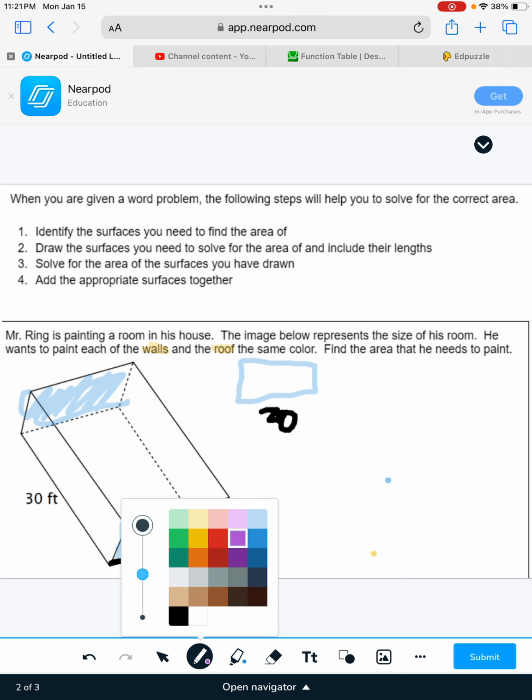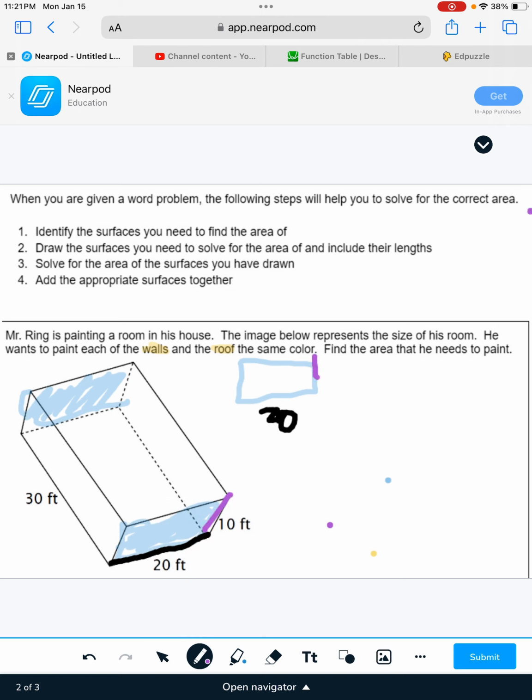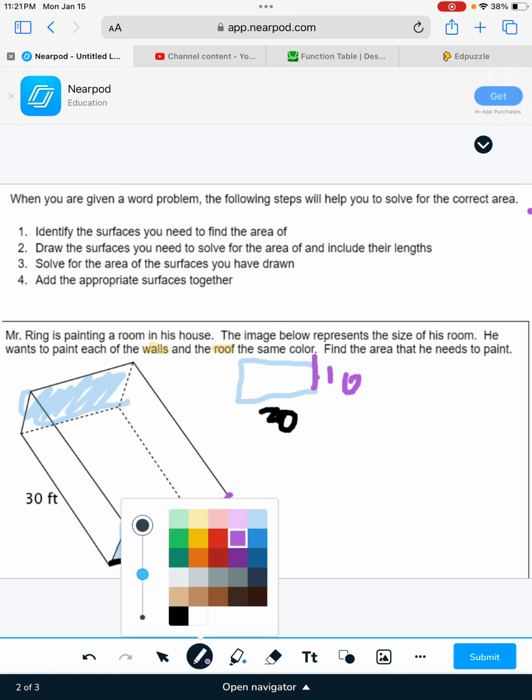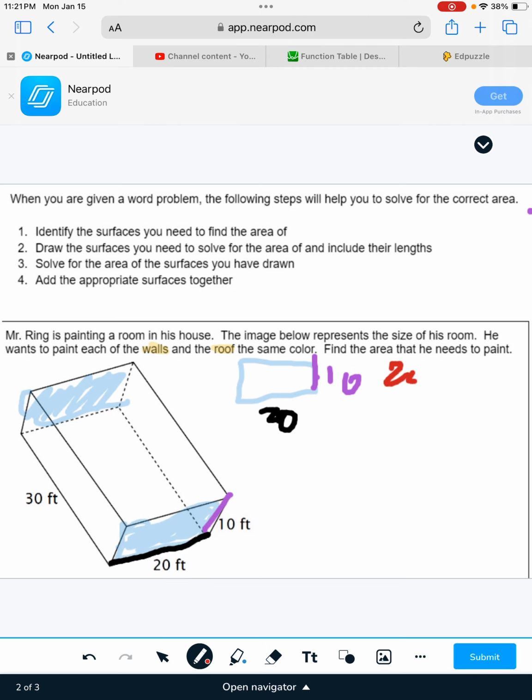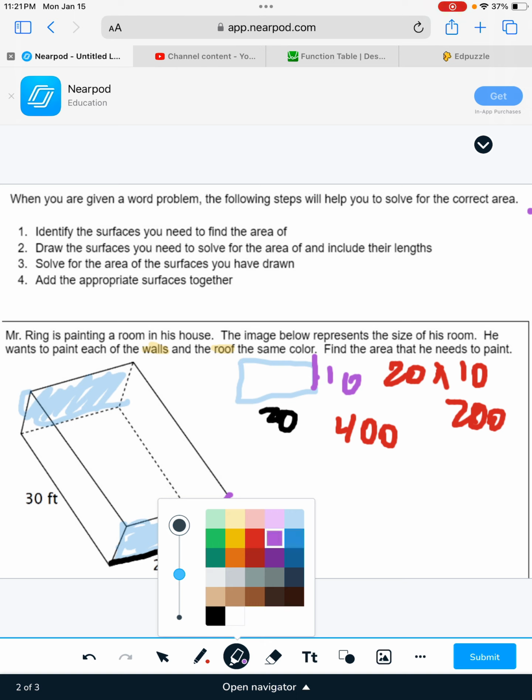And I've got a height here, which is 10. To find the area of this rectangle, all I have to do is multiply those two. 20 times 10 is 200. Notice I have two of them. That means that between these two, I have 400 square feet that I'm looking to find the area of, or that I'm looking to paint.